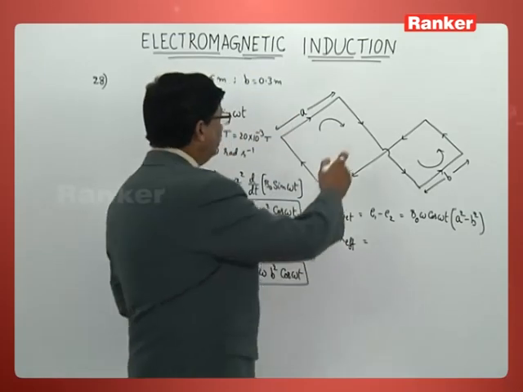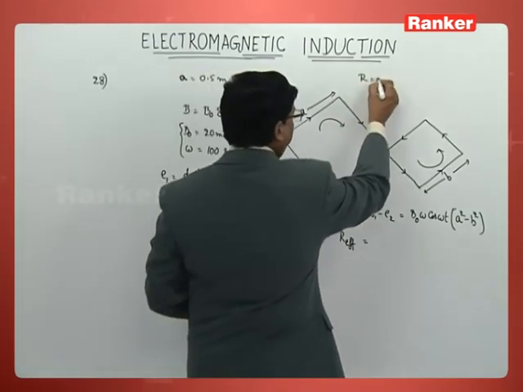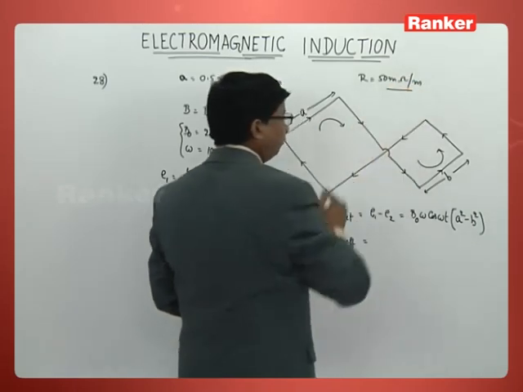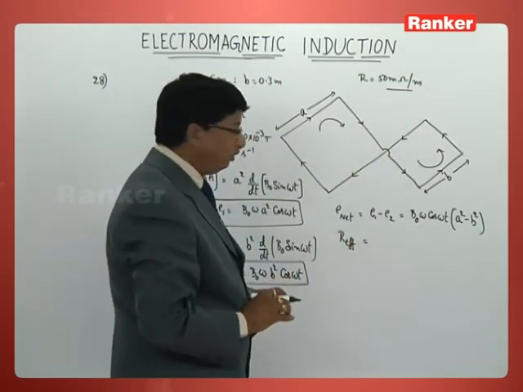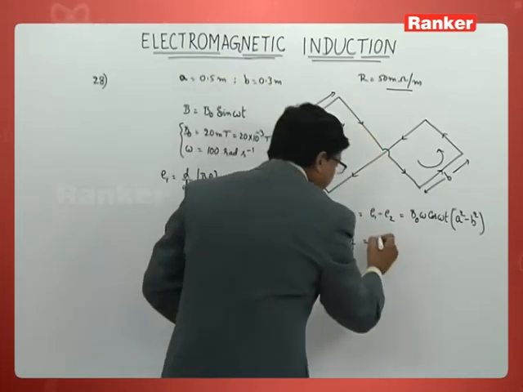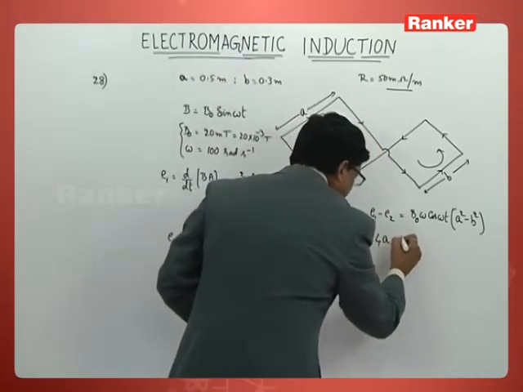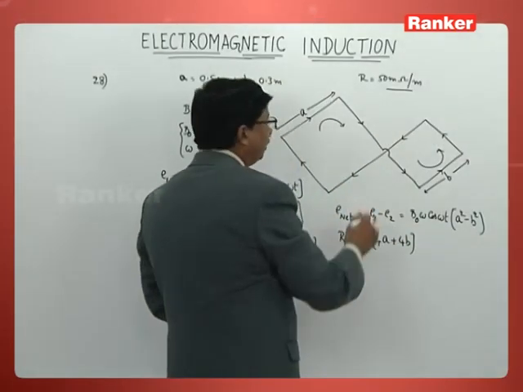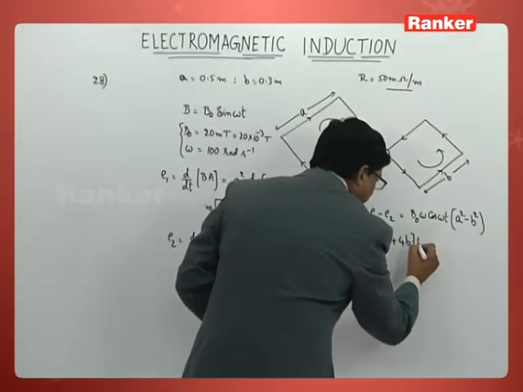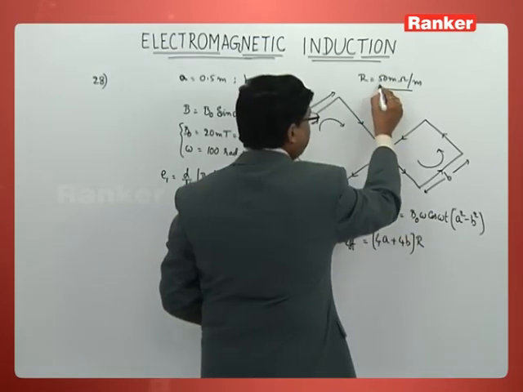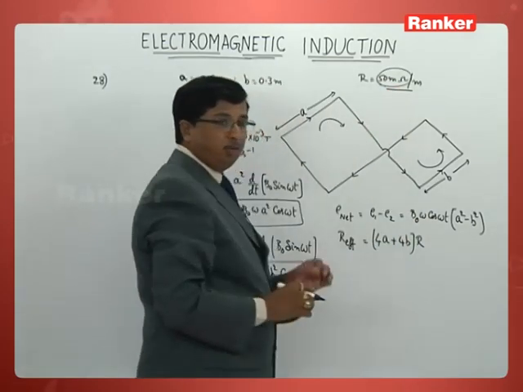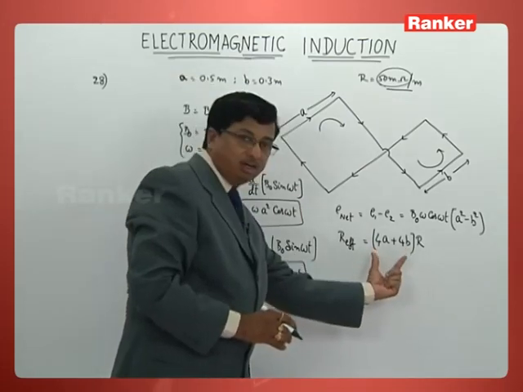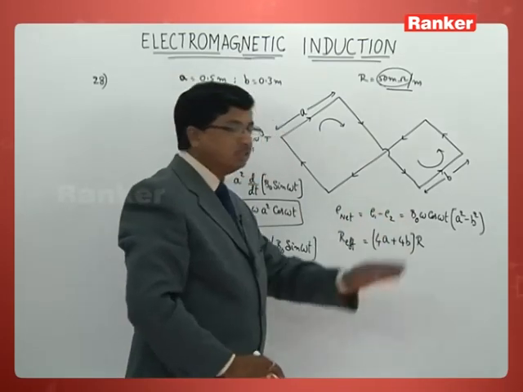He gave that value. Resistance is given as 50 milli ohm per meter. So what will be the effective resistance now? This is 4A. This is 4B. This is the total length now, that into the given resistance, 50 milli ohm per meter. You are getting this length in meter. For so many meters, how much is the resistance?